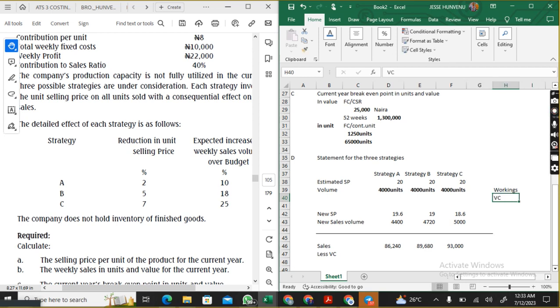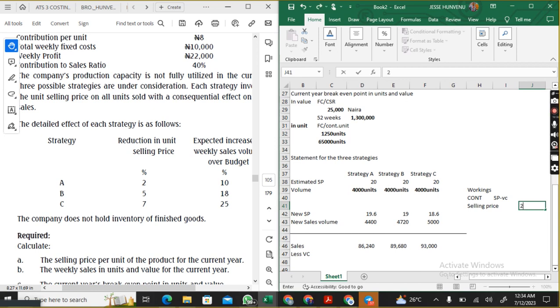You know that our contribution is selling price minus variable cost. Now we have the selling price, which is 20, and our contribution is 8.